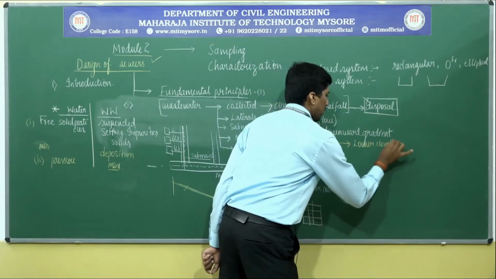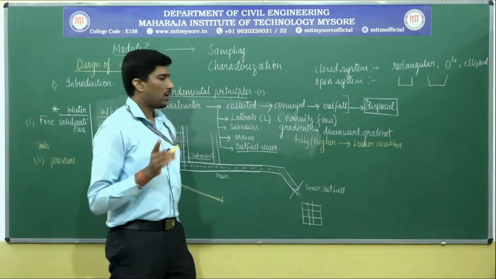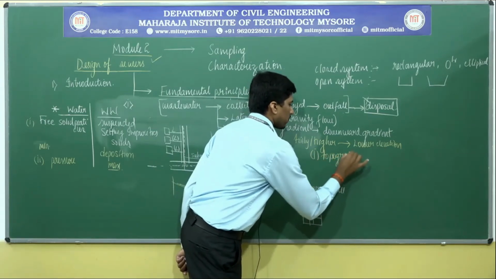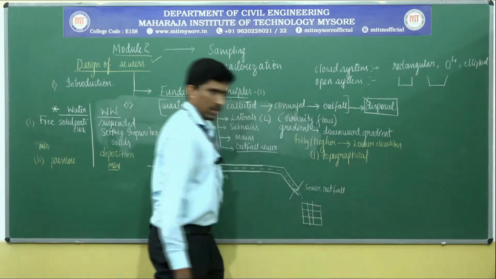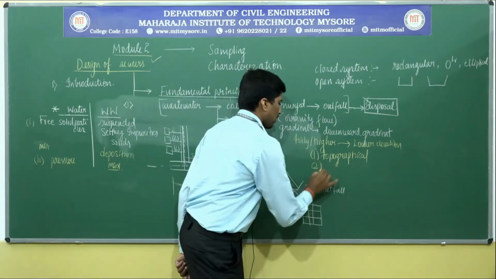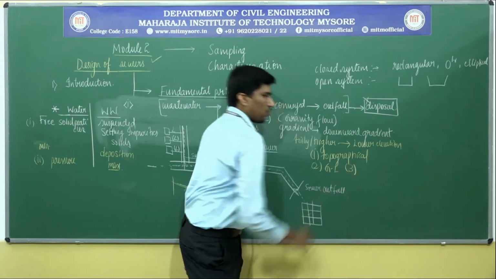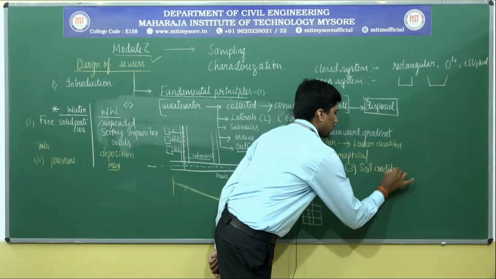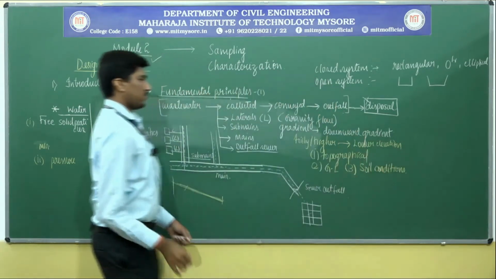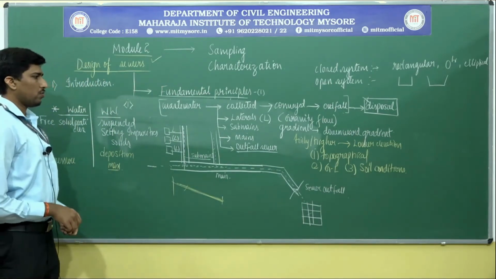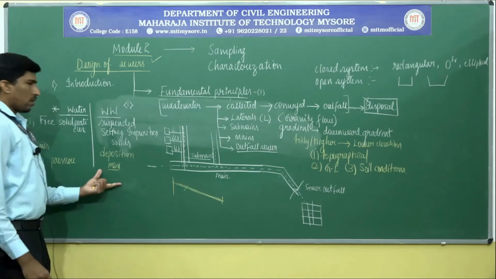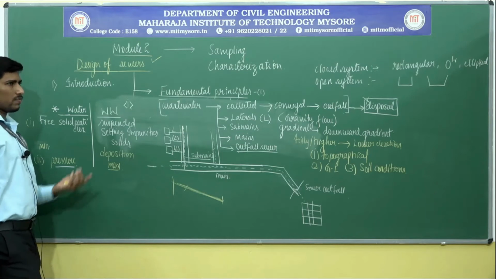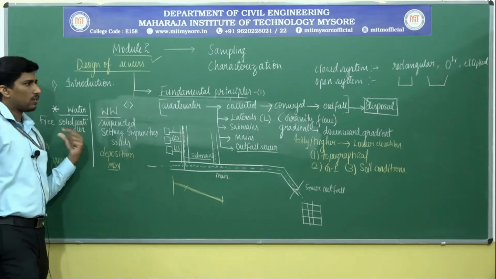That is the proper planning to be made, depending upon the topographical conditions, the ground level, and also the soil conditions. You should know the soil conditions also. Therefore, the pressure generated here is utilized only for the distribution purpose.